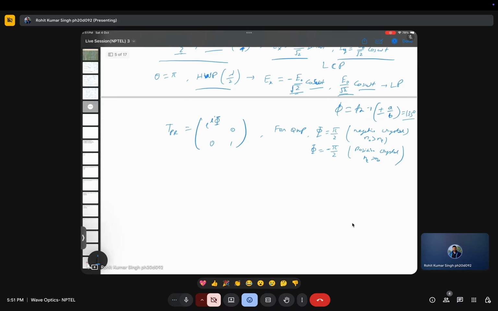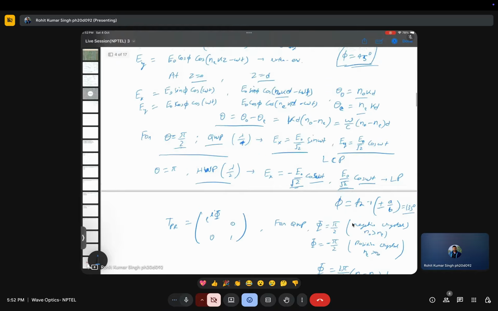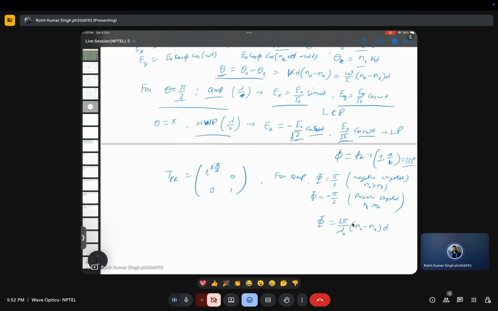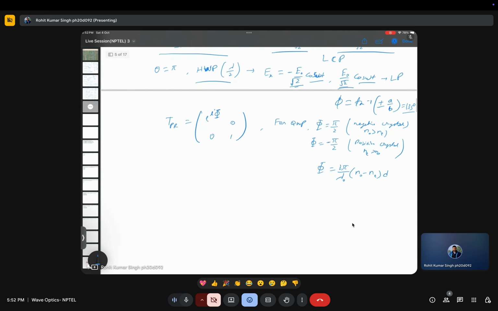And we know that phi is given by 2 pi by lambda times (n o minus n e) d, okay? So here the theta is now given by phi basically, using the notation of the Jones matrix, but it is the same thing, okay?